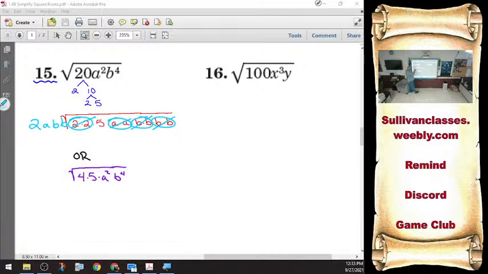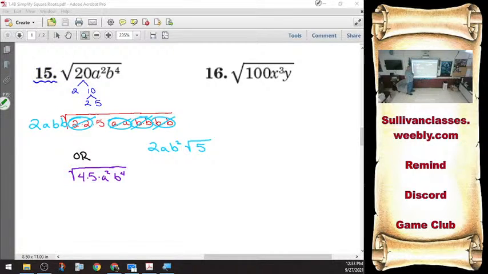What is BB? B squared, right? Because it's times itself. So I would say 2AB squared. Be careful, the squared is only touching B, on the outside. Who's left in radical jail? 5. All by myself.